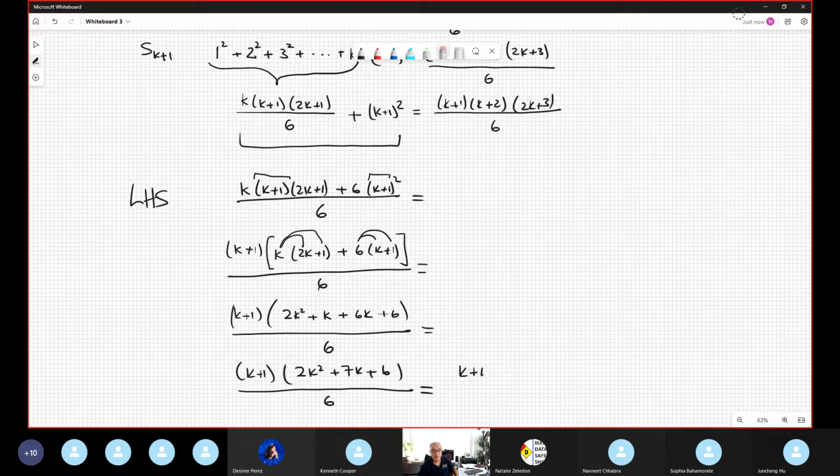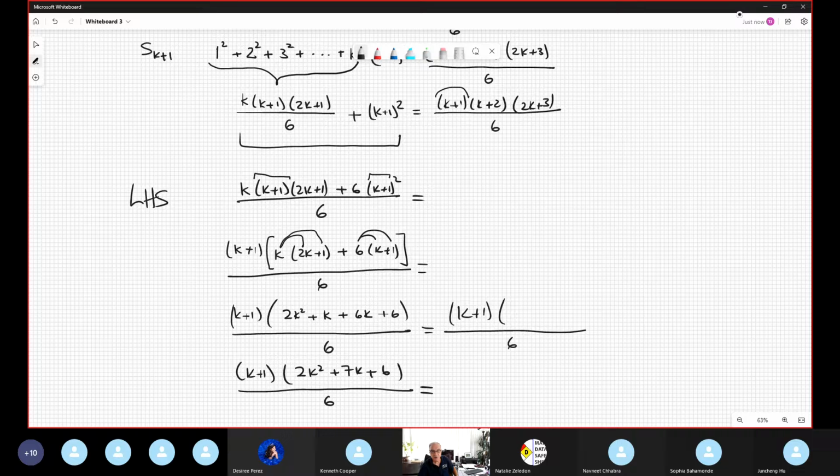Or not here, here, one line before. So this k plus 1 is this. I just copy, and you FOIL these two binomials. And 6 stays, of course.